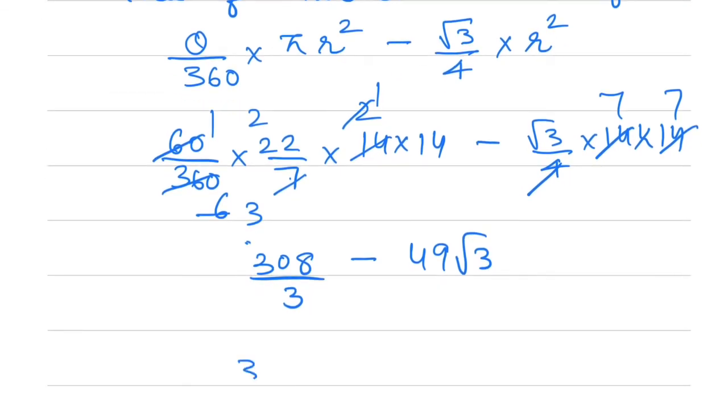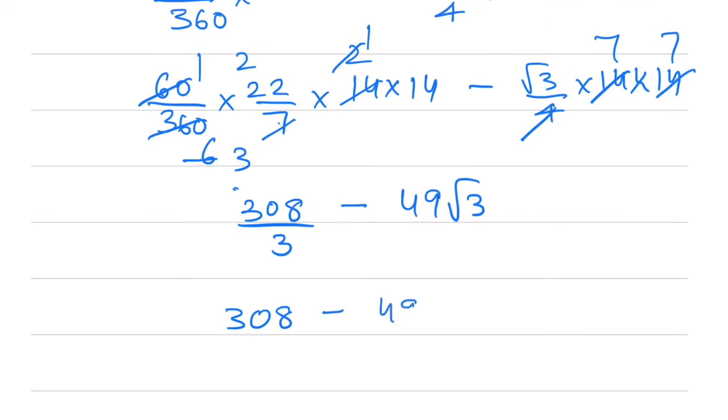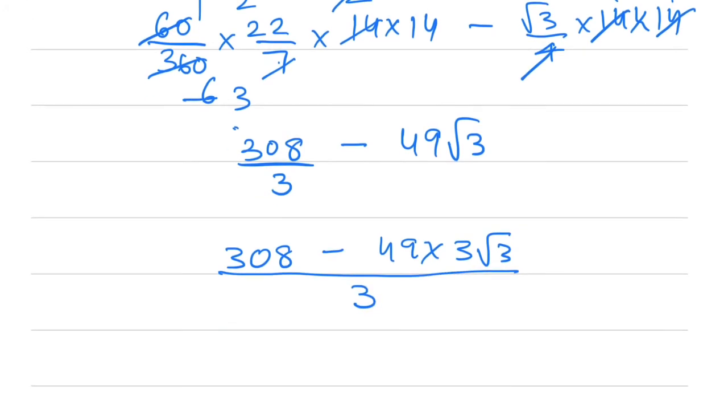So we have 308 minus 49 into 3 root 3 divided by 3. So we get 308 minus 147 root 3 by 3.